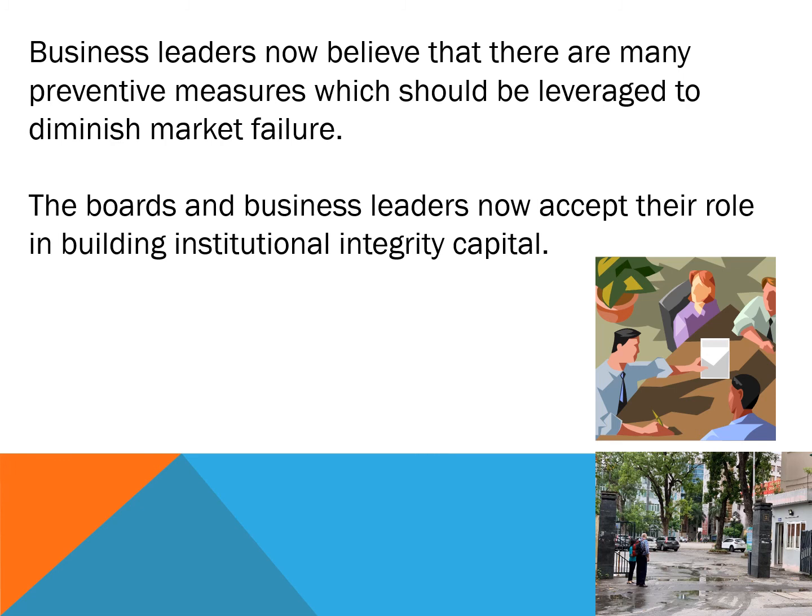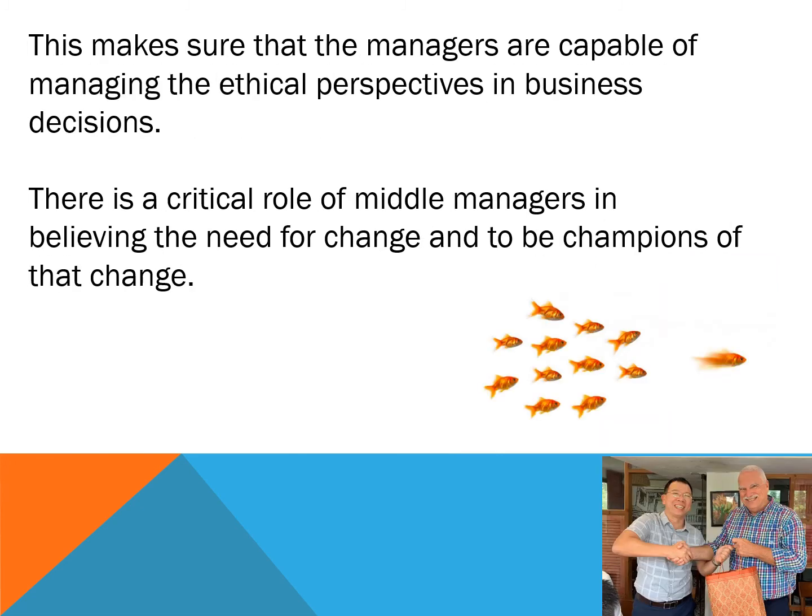The boards and business leaders now accept their role in building institutional integrity capital, making themselves look good for the long term, developing integrity capital, a good reputation of being an ethical company.